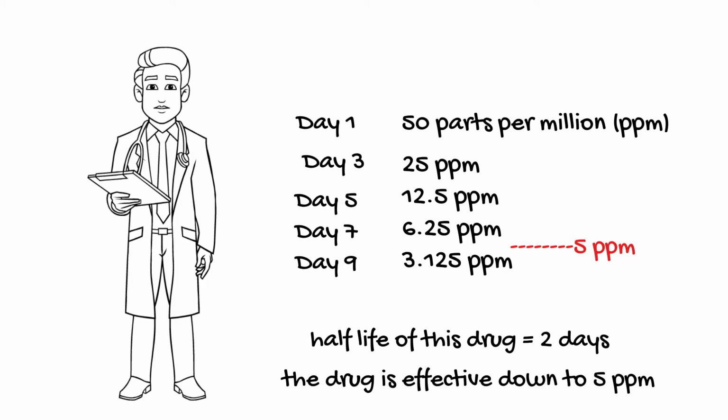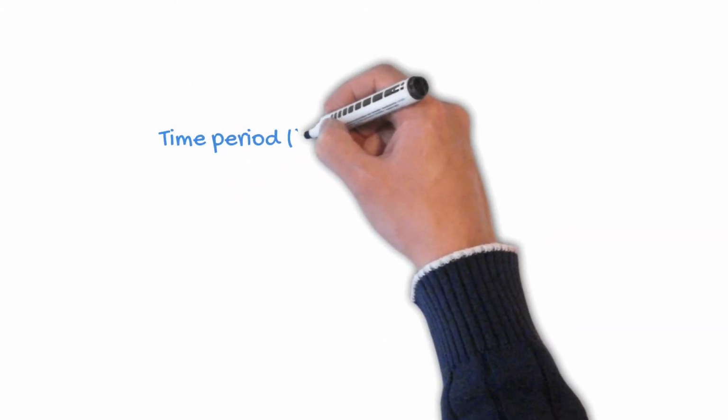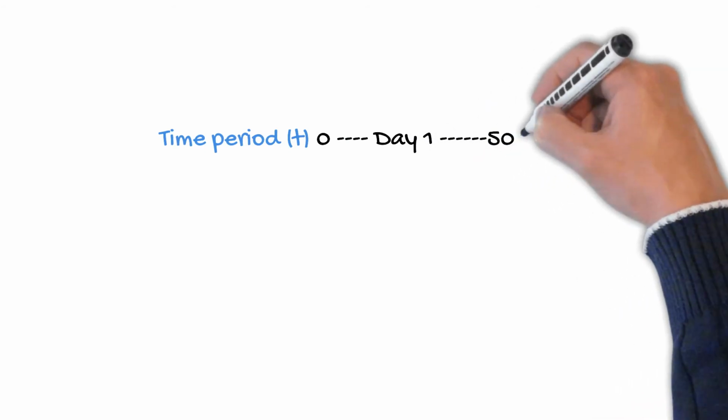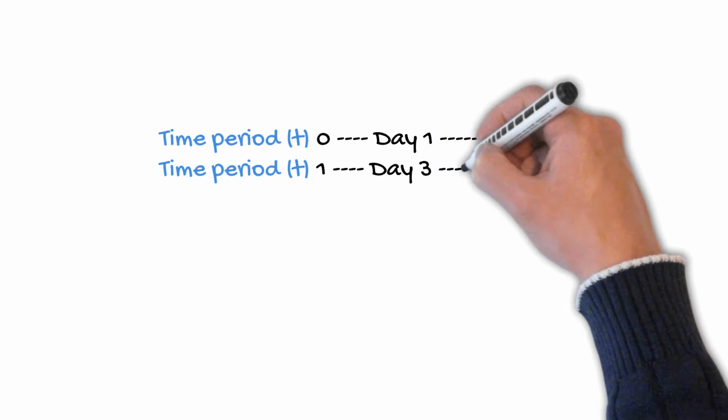Well, this again is decaying, but it's decaying at a slower rate. Essentially what we're doing each time period is multiplying by 1/2. So the first time here, that would be 50 times 1, then 50 times 1/2, then half of that again.